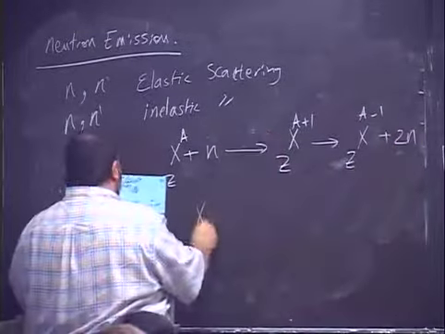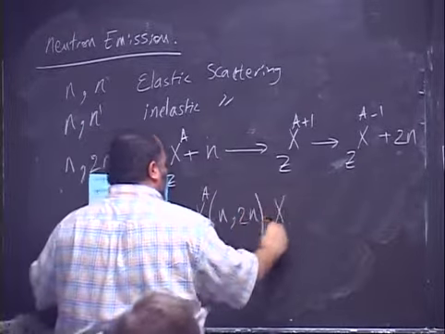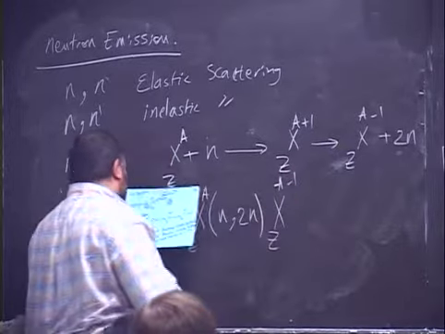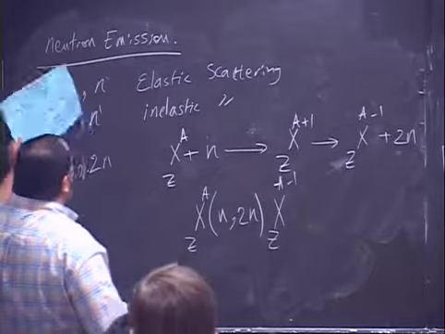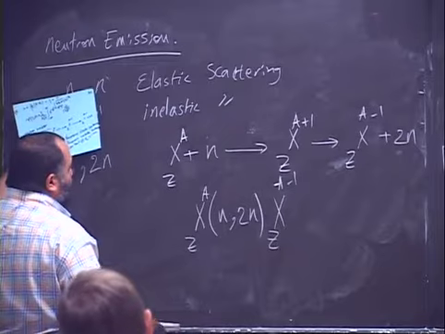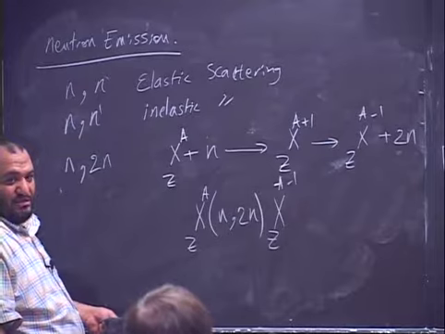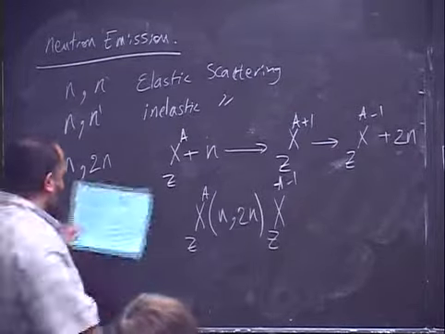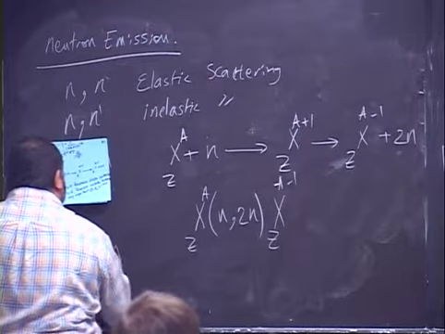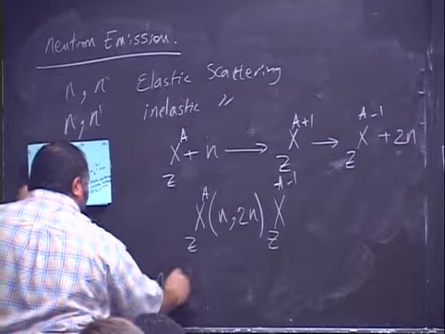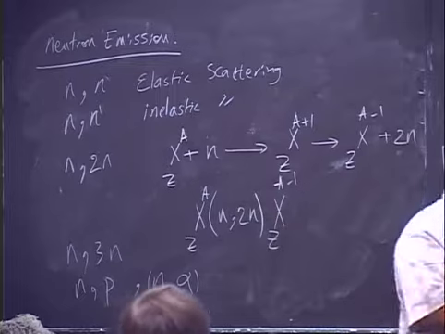Usually we write this type of reaction as X(Z,A)(n,2n)X(Z,A-1). Again, all those types of interactions are called neutron-induced nuclear reactions. We might have (n,3n), we might have (n,p), which is a proton, we might have an (n,alpha) reaction, and so on. So there are lots of interactions.